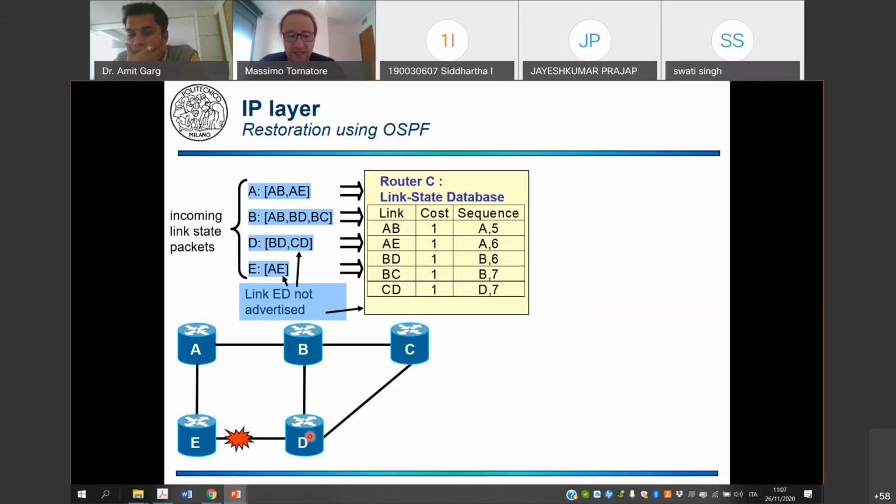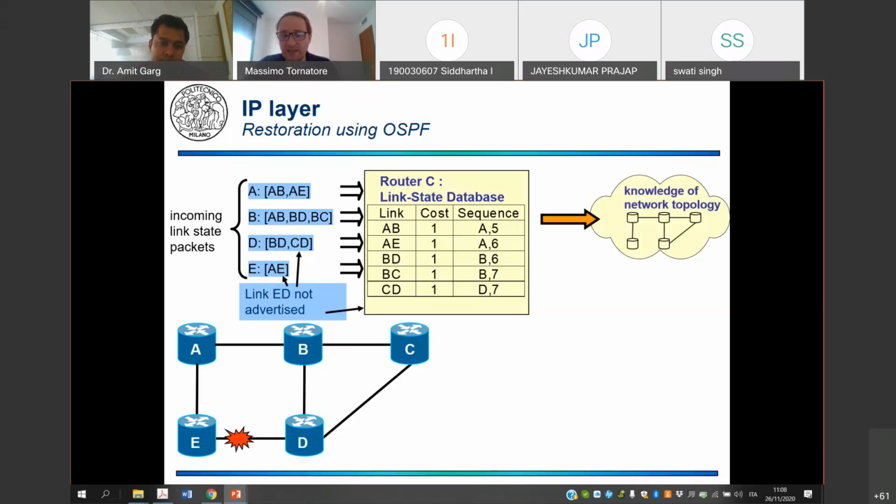So node E, which used to advertise, I have two neighbors, A and D, will start advertising that it only has one neighbor, A. Link ED is no more advertised. This advertisement is then sent into the network, so it's received by everybody. Node C will receive the advertisement of E, the advertisement of A, the advertisement of B, the advertisement of D.